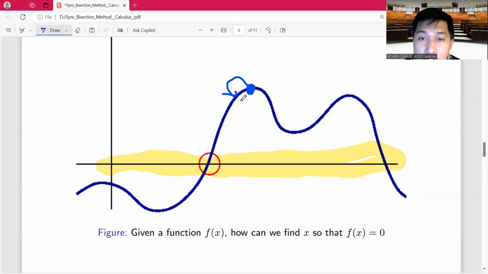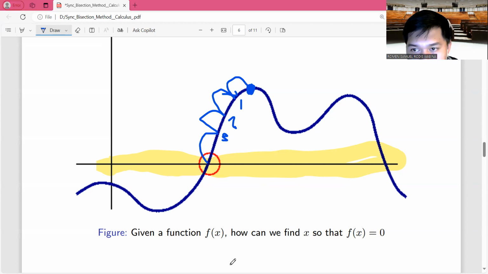So let's say for iteration 1, it goes here. Iteration 2, it goes here. For iteration 3, it goes here. And until it reaches convergence, this is the approximation. So it reached the optimal root for this polynomial function.